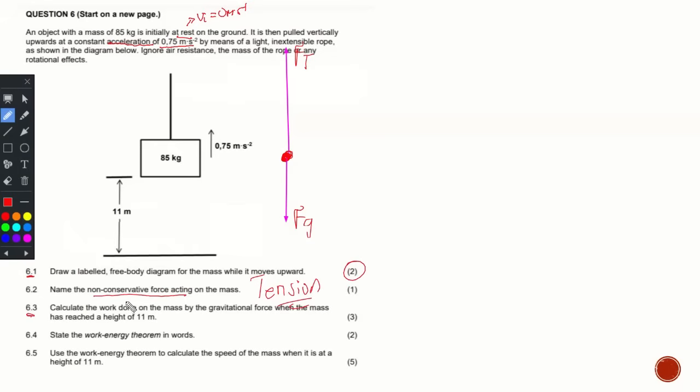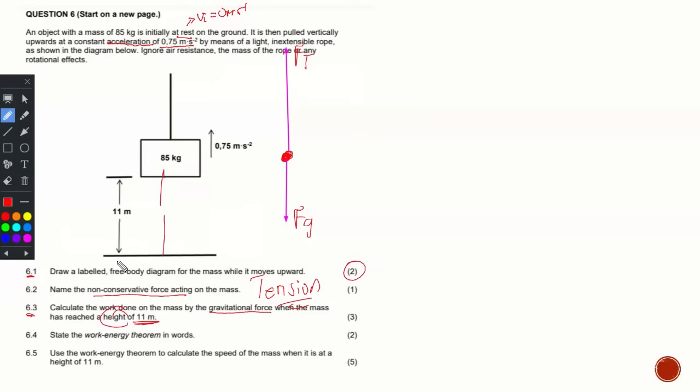Then 6.3 says calculate the work done on the mass by the gravitational force when the mass has reached a height of 11 meters. Note that the height now will be the displacement, because your object is moving vertically.